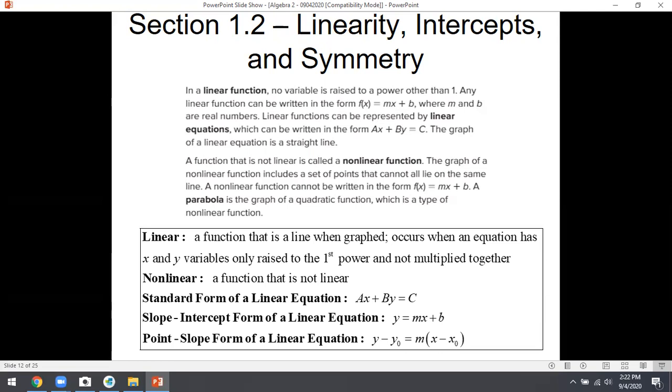There are 3 main ways to represent the equation for a line. First one's called the standard form of a linear equation. In that one, a, b, and c just stand for numbers. It could be 7 or 2 or whatever like that. That one doesn't come up too much. We won't harp on that. I probably won't even have that one on the test.